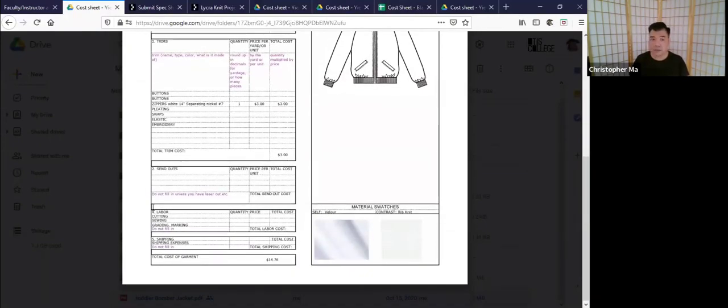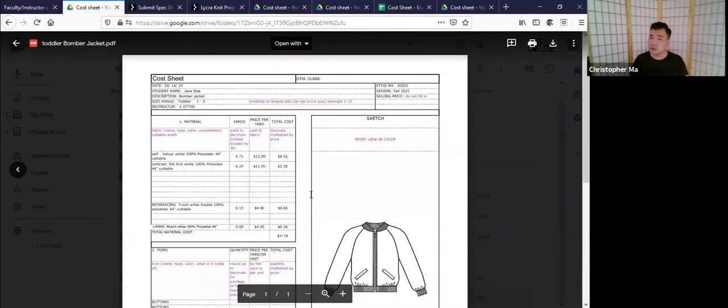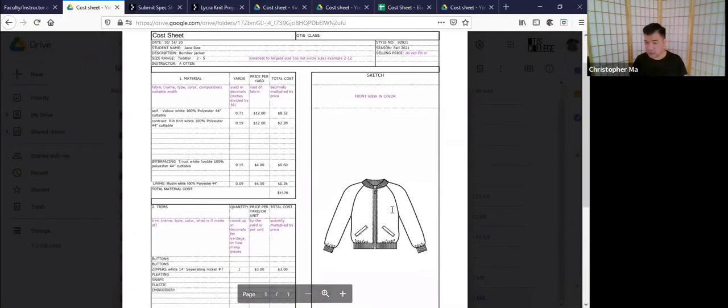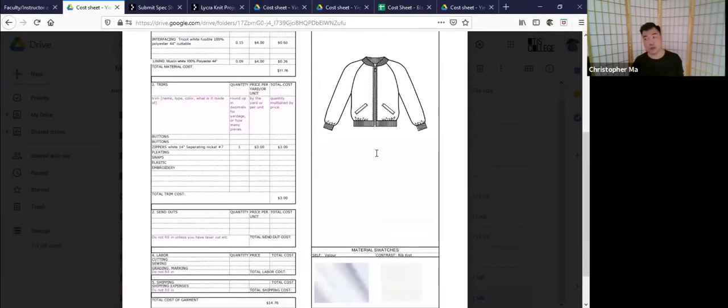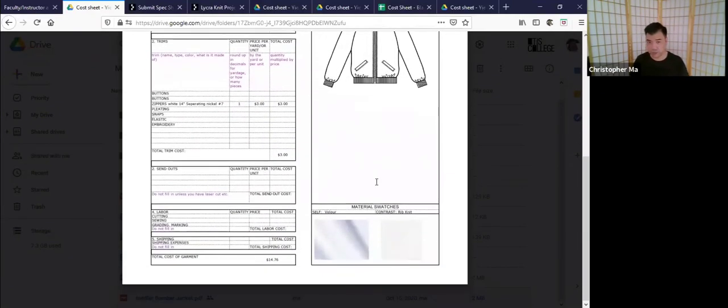Nothing in send out, nothing in labor, and nothing in shipping. Grab the sketch from the spec sheet, put it here. Or if you feel like you want to draw yourself, you're welcome to. Okay, and then put in the swatches here. Usually we do not put fusible here.